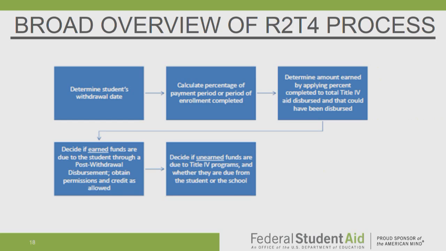Determining the student's withdrawal date. As I mentioned earlier, the withdrawal date could be the last day of attendance from your attendance record if you are attendance taking, or the midpoint or last day of an academic-related activity if you are not attendance taking. For the withdrawal date, you should use the best date.